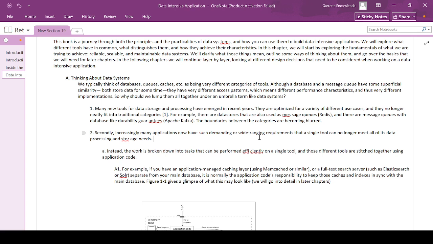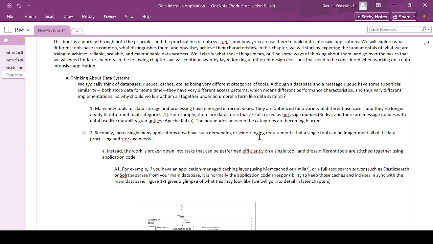The boundaries between the categories are becoming blurred. Because these tools have become blended and more sophisticated, they are able to handle edge cases that they previously were not able to handle.